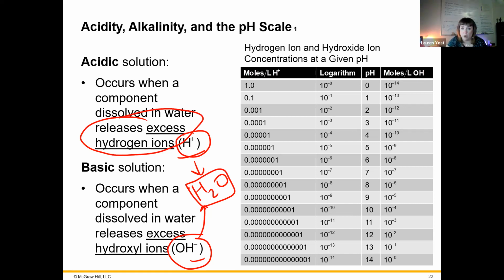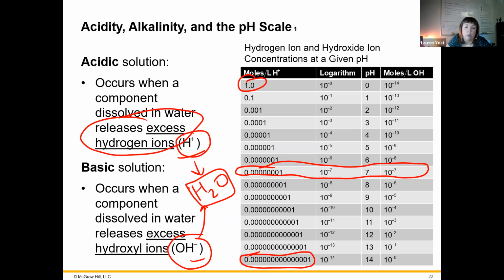Well, this is why we have this chart that you're staring at, probably wishing you weren't looking at. So when you look here, we go from 1 down to 0.00000 10 to the negative 14th. So out 14 times. So 7 falls here. And that is a measure of our hydrogen ions occurring with regards to our hydroxyl ions, right?